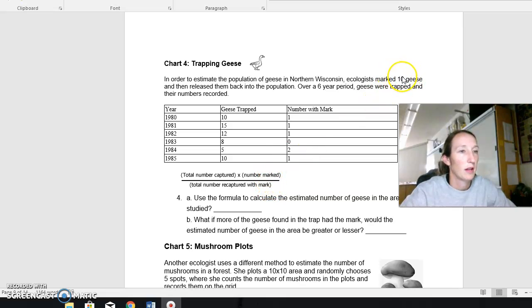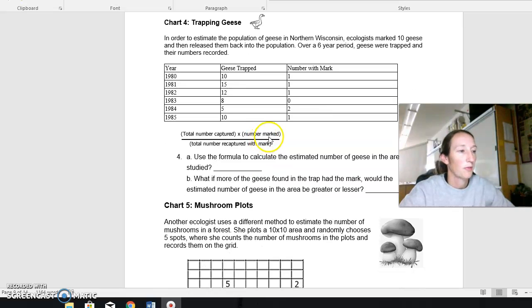Well, they said originally they did 10. And then the total number with mark, and that'd be this number. So you should be getting this grand total times 10 divided by 6. So use that formula to kind of plug and chug, go from there.